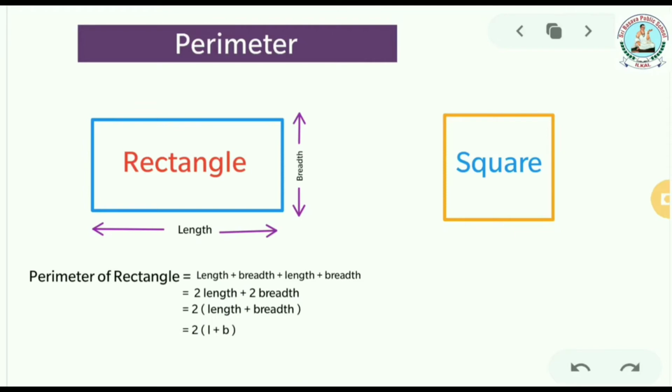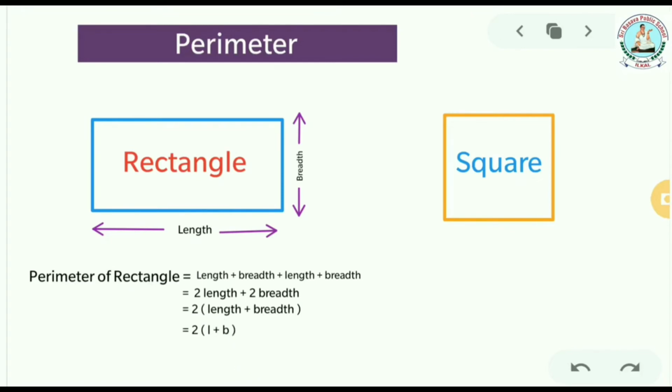To make it even clearer, let us use L to write length in short and B to write breadth in short. So finally, the perimeter of a rectangle is 2 times (L plus B).